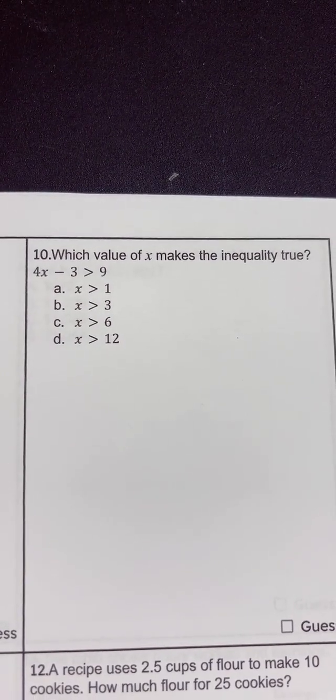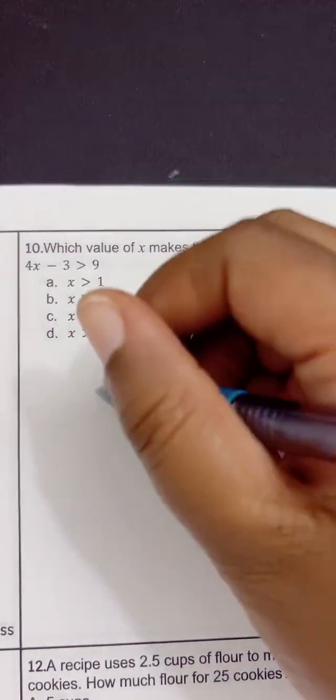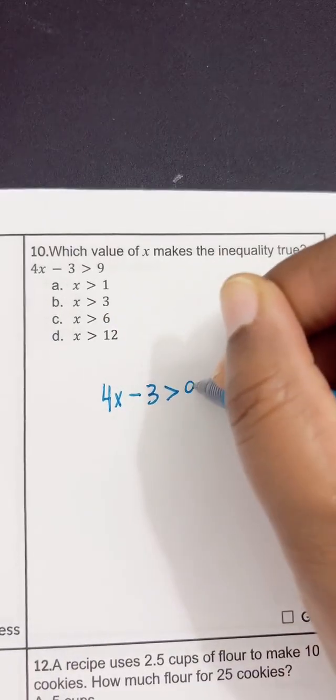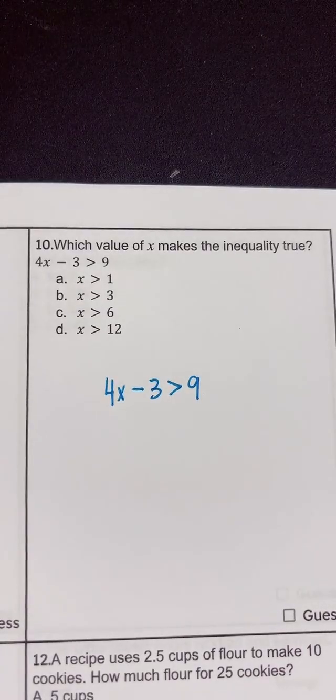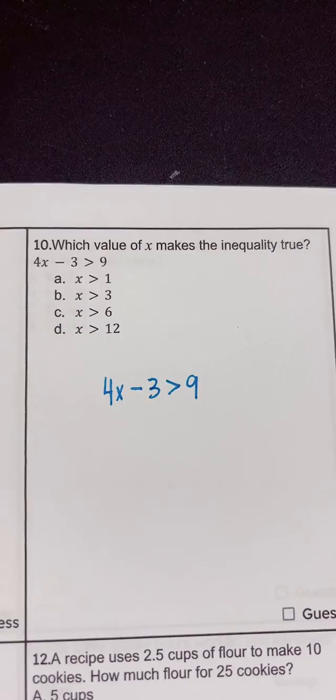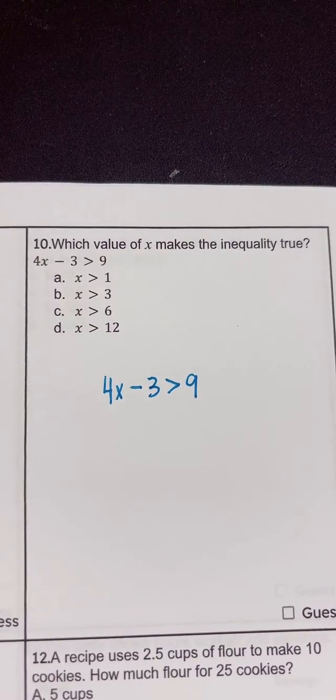So which value of x makes the inequality true? Yes, Janice. Yeah. If we got to use a calculator, 0.5 times 10 times 9. Yes. If we was using a calculator.